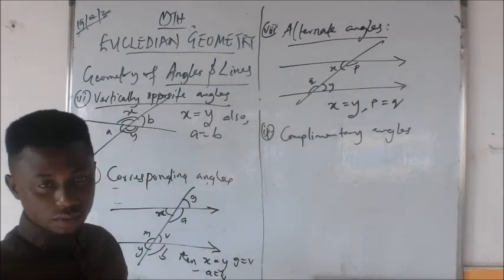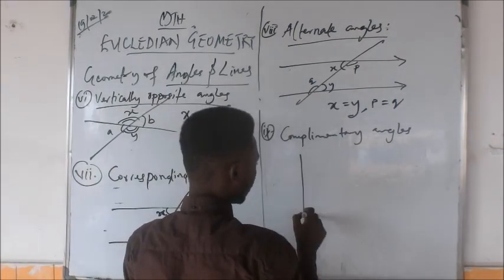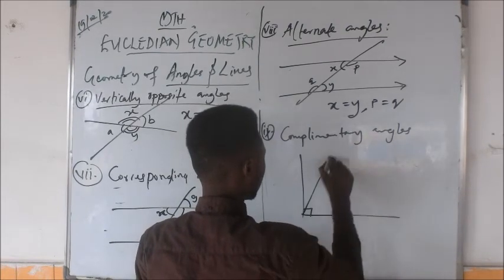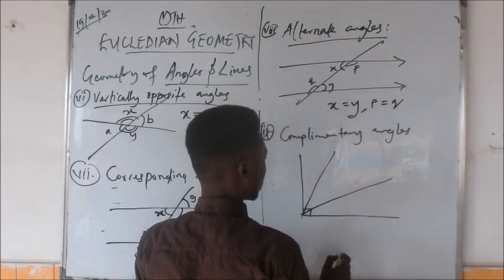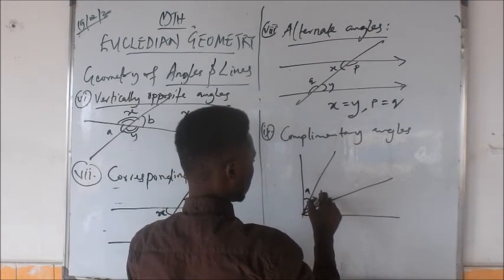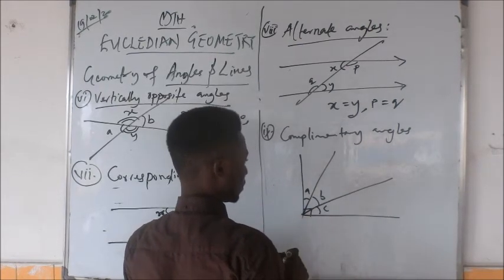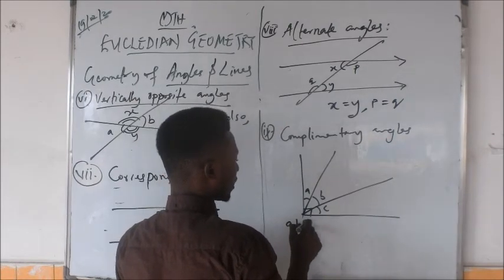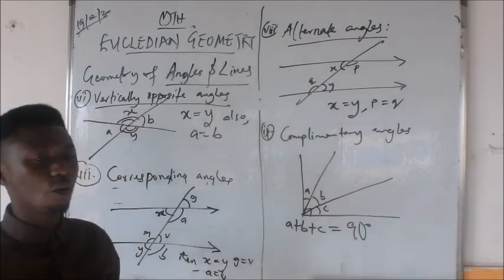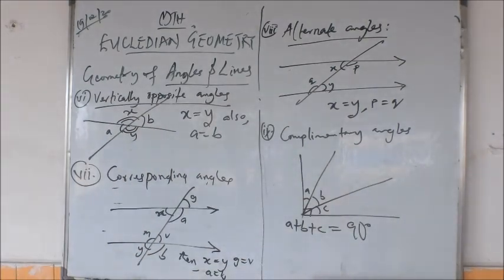This is it. If you have the sum of all the angles giving you 90 degrees, then we say the angles are complementary. Please, let's not forget.